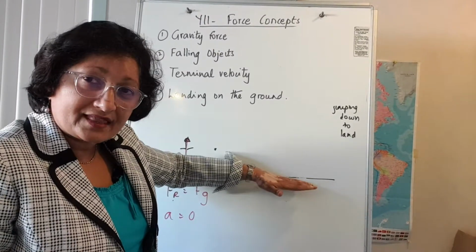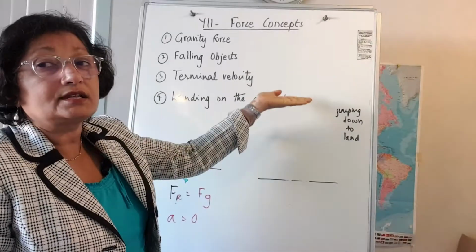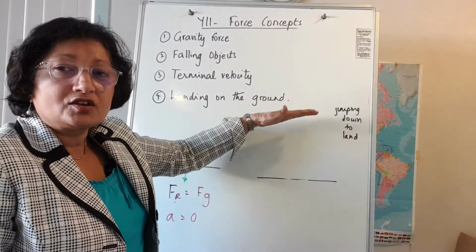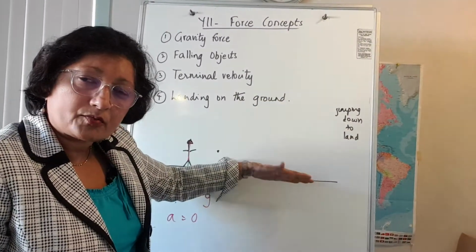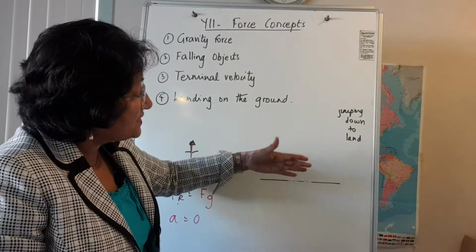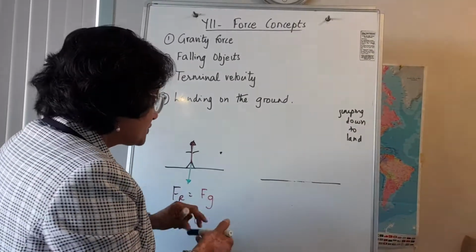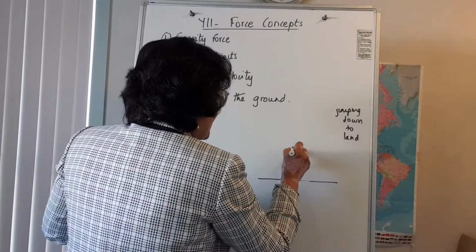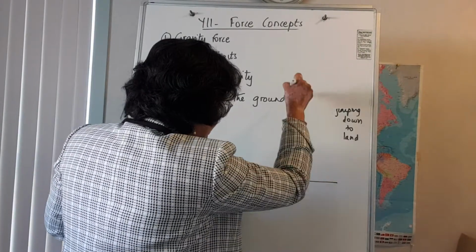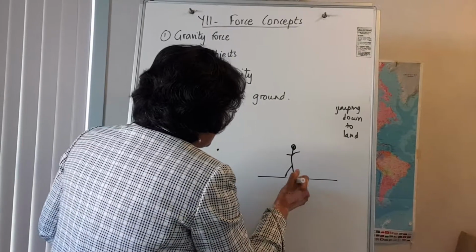Okay, so then the ground has to offer this reaction force, which is really large because you're decelerating to a stop. When you decelerate, your unbalanced force has to be opposite the motion. So when you're landing on the ground, your gravity force is the same.